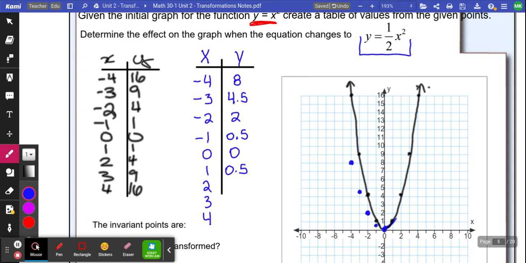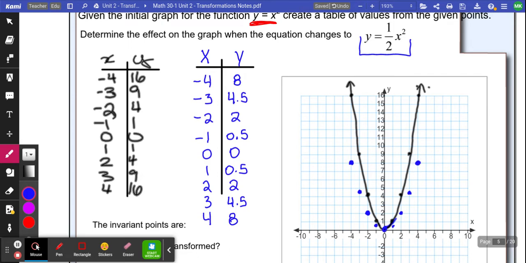So 1 squared is 1 times 1 over 2 is 0.5. So draw a dot right there. 2 will be at 2. 3 will be at 4.5. And 4 will be at 8. So you can draw your dots. 4 and 8.